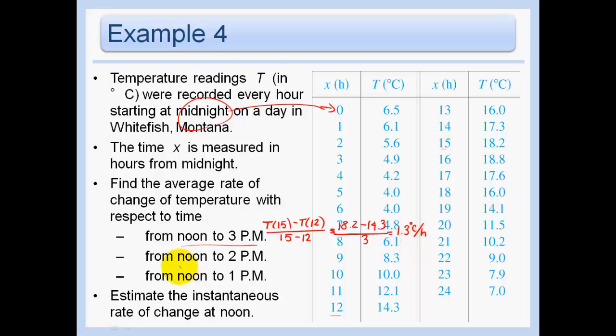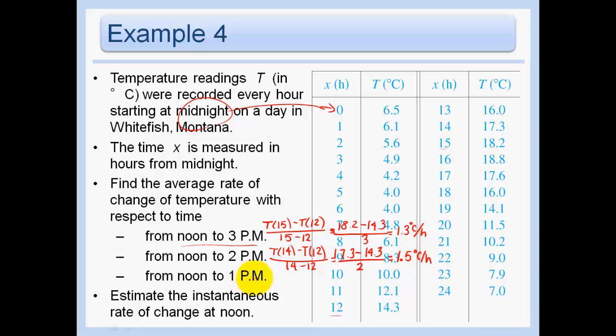All right, from noon to 2, we're going to go between 12 and 14. So the same thing, T of 14 minus T of 12 all over 14 minus 12, and that's just going to be 17.3 minus 14.3 all over 2, and we should get 1.5 degrees Celsius per hour.